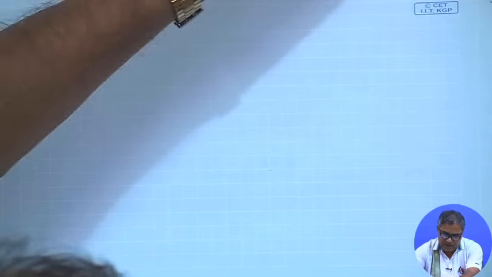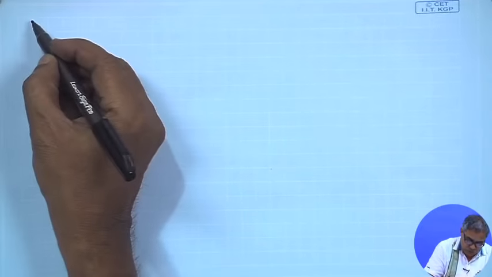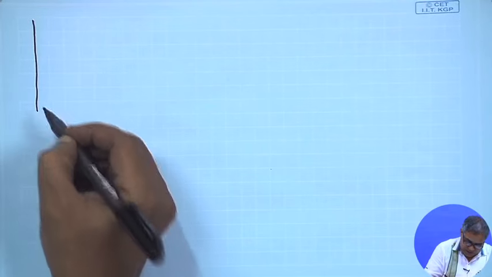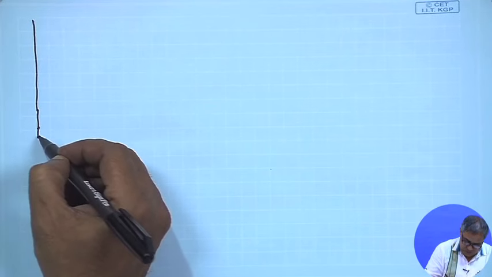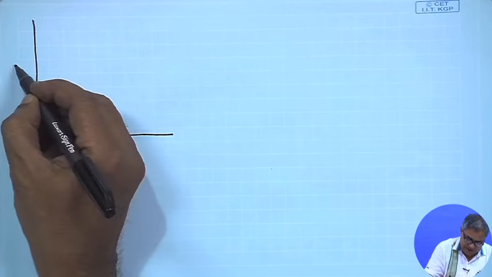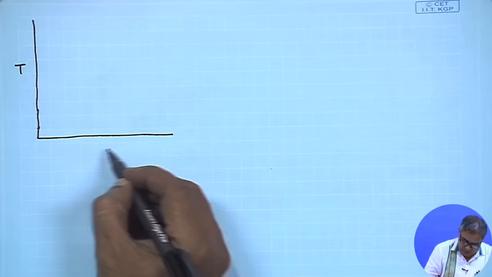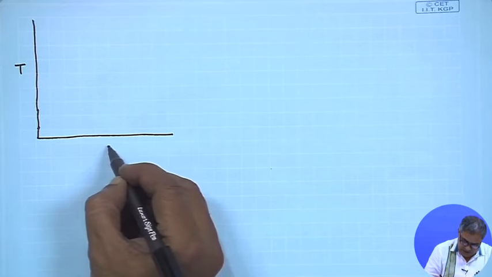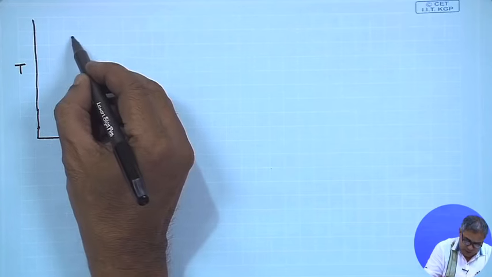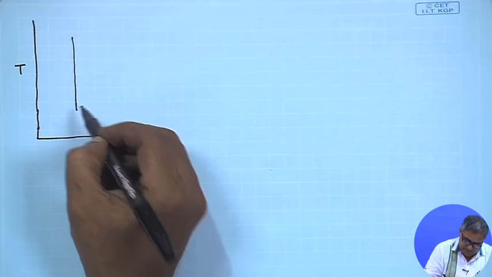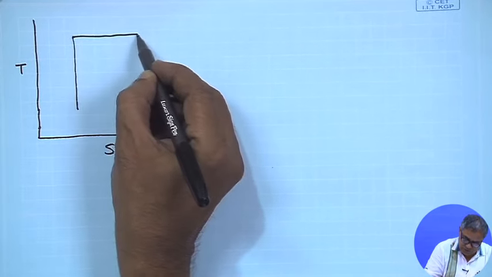So, let us say this is a thermodynamic plane. Let us say we have taken some coordinates which are T and S. So, a Carnot cycle like this, that will be very useful.